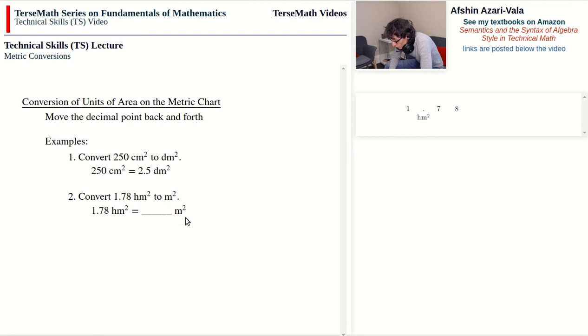Now to go to square meter, we have to move to the right. First we go from square hectometer to square decameter. Decimal point moves forward over 2 digits. Then we go from square decameter to square meter, and decimal point moves forward over 2 more digits. So let's add 2 zeros. And we end up with 17,800 square meters.